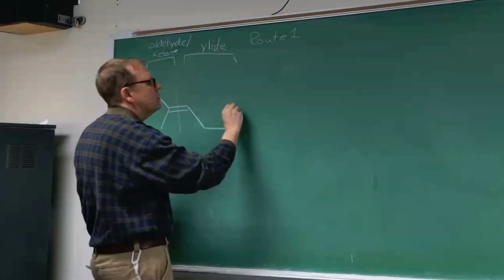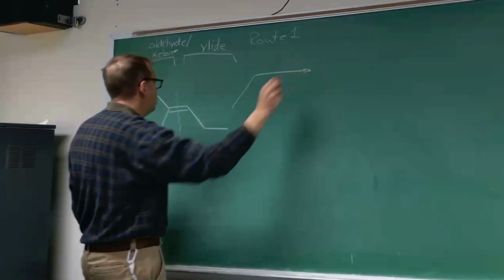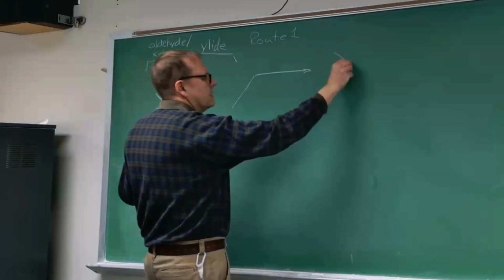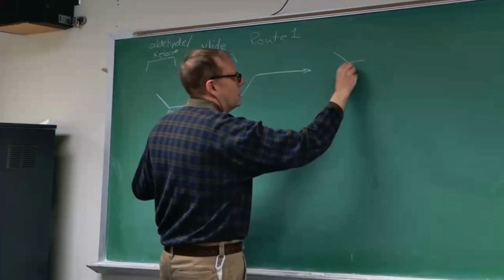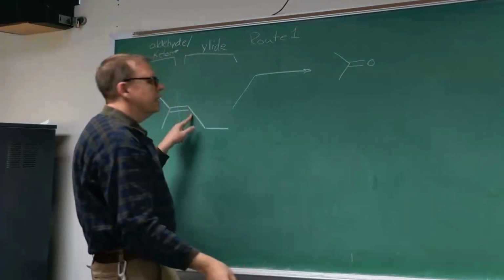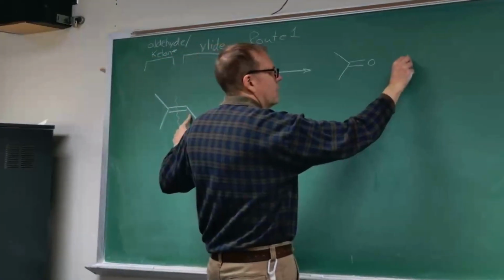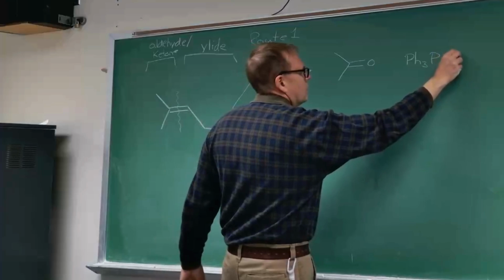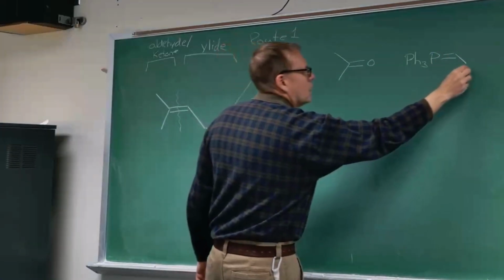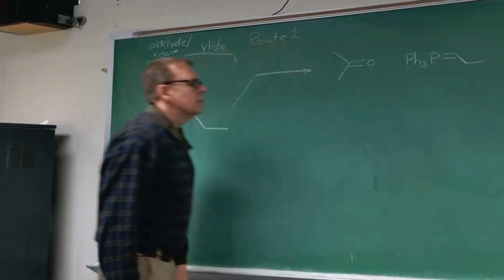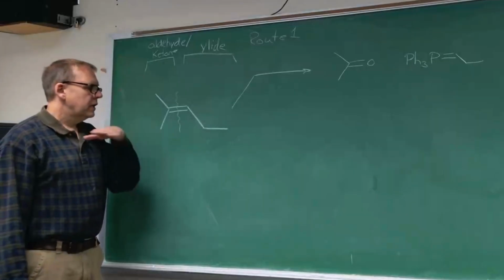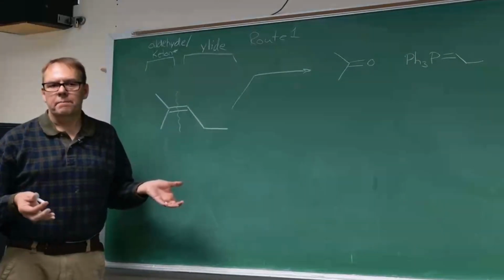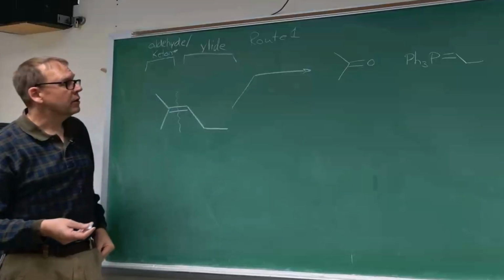If it were to do this route 1, the pieces that you would want would be the ketone, which would be acetone. And then the ylide that you would need would be this one. So if you put those two together, you would get this. And so that looks pretty decent. I mean, that's not a bad synthesis. That's got a pretty good Wittig reaction.